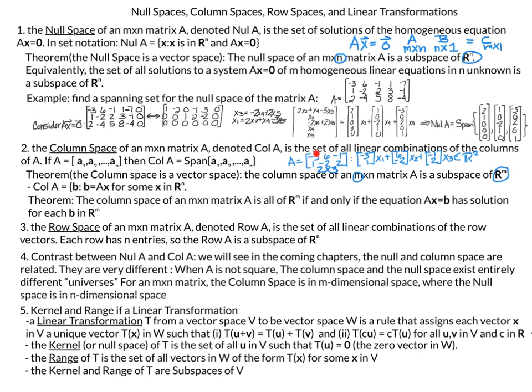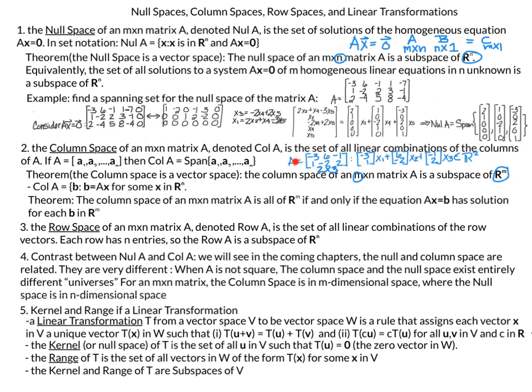Looking at this, if this is our matrix A, the matrix with column vectors (-3, 1), (6, -2), (-1, 2), then the span of our column vectors is (-3, 1) times x1, plus (6, -2) times x2, plus (-1, 2) times x3. So the result of our linear combination is something that's going to be in R2.